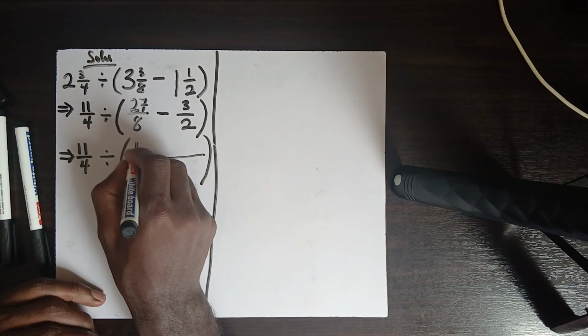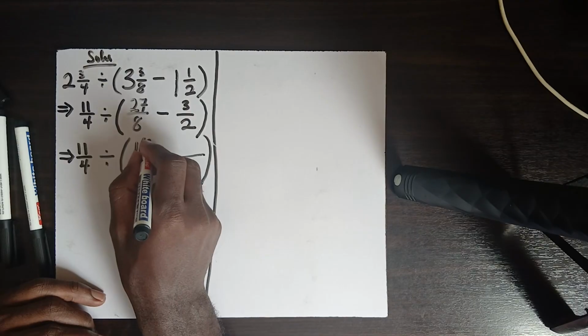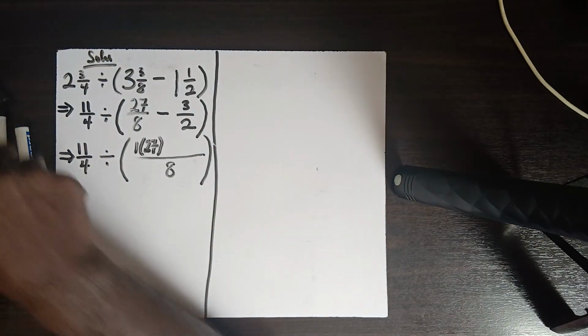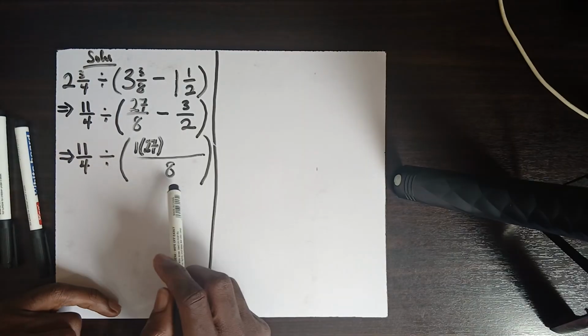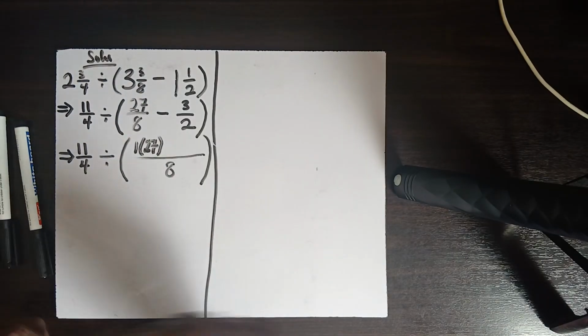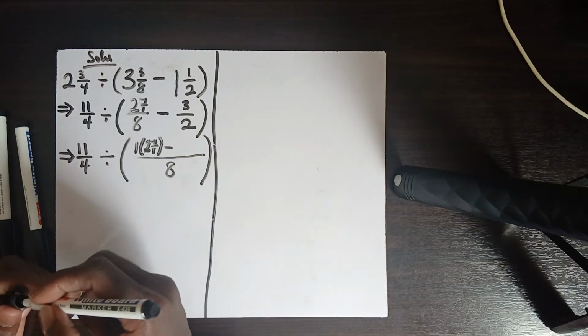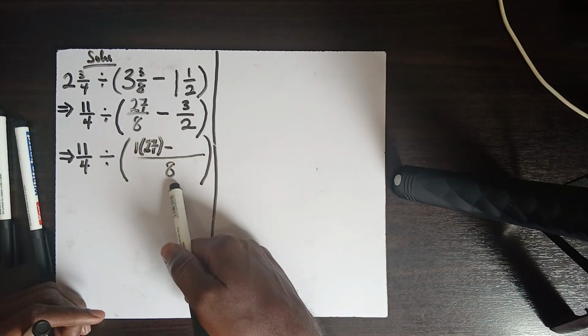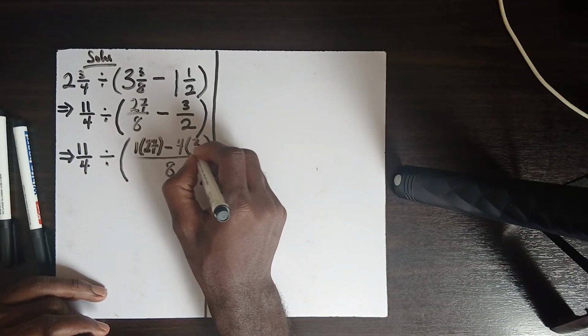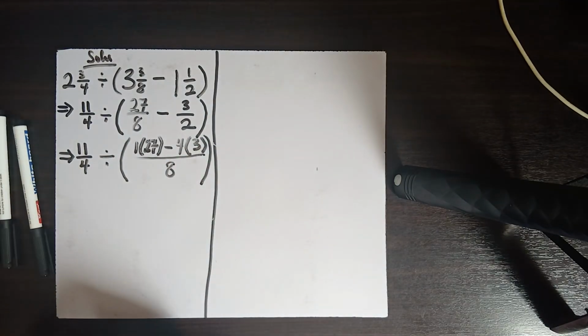So I'll write this 1 and I'll multiply it by the 27 at the top. So 8 will go into 8 once and use it to multiply the 27 at the top. Then 2 will also go into 8 4 times. And I'll use it to multiply the 3 at the top.